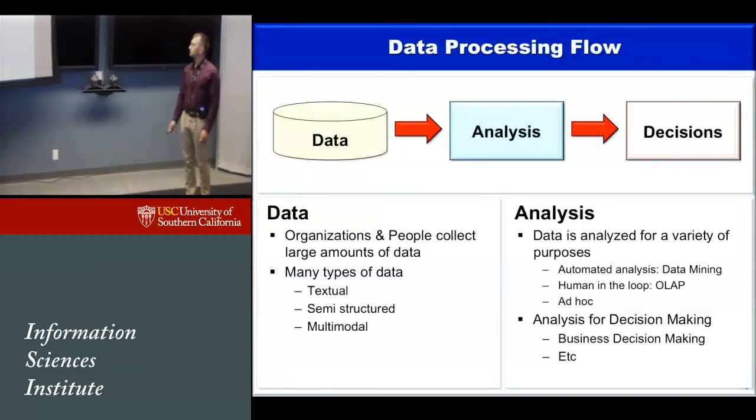All right, as information integration people in this audience, you probably know this is a typical data processing flow that you frequently see. You have data, which is used for analysis. Using the results of this analysis, you make decisions. Data could be of different types, including textual, semi-structured, multimodal, and analysis also could be of different types.